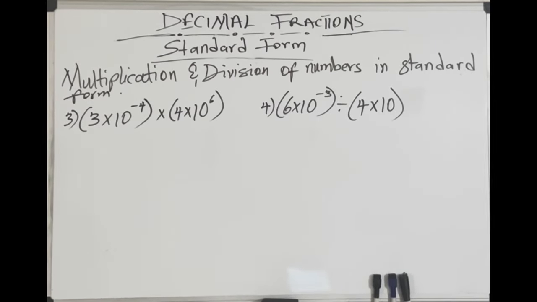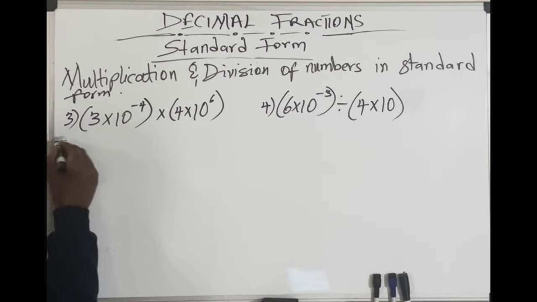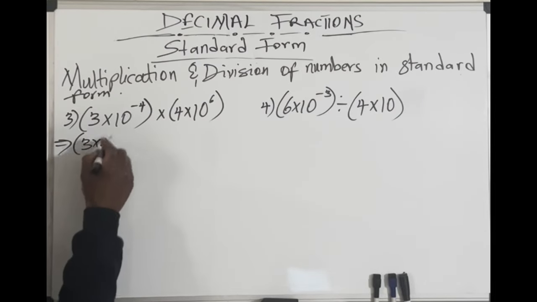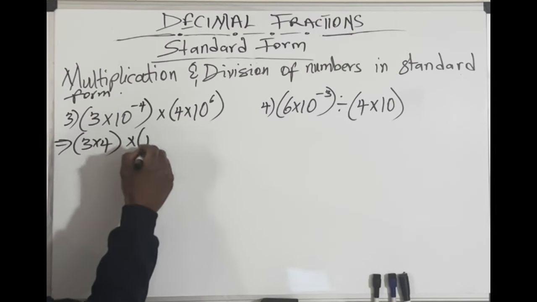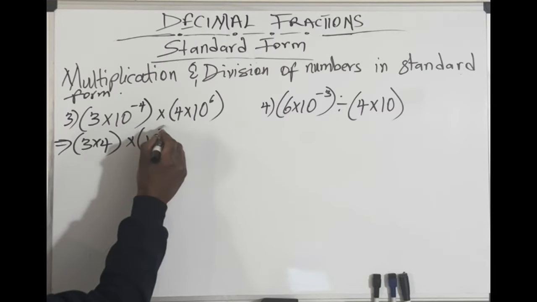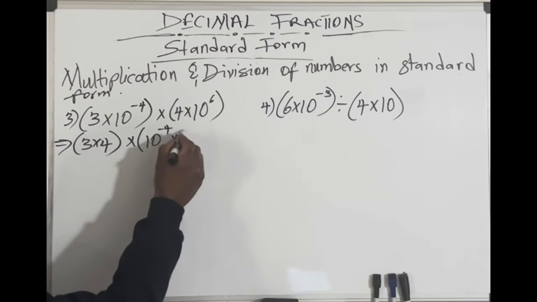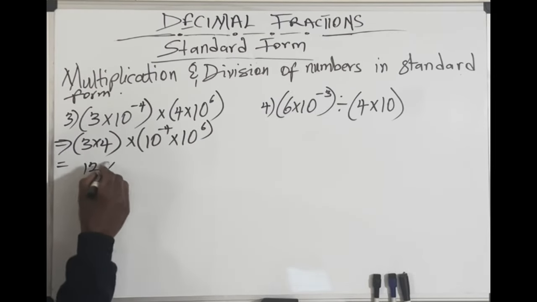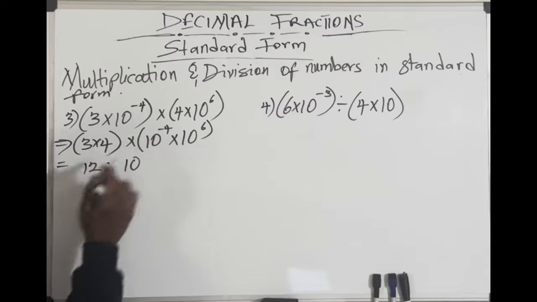Working these last two examples and then we wrap up for standard form under decimal fractions. Okay, so the same process of 3 times 4 and times 10 raised to the power negative 4 times 10 raised to the power 6. So 3 times 4 is 12 times 10, we add the powers, okay?